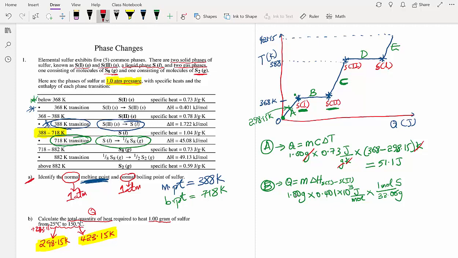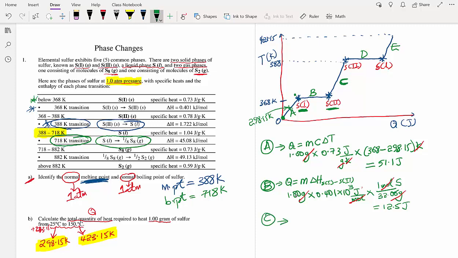If you cancel out the units, moles will cancel out moles, grams will cancel out grams, which leaves you with only joules. If you put this into your calculator, you should get 12.5 joules.